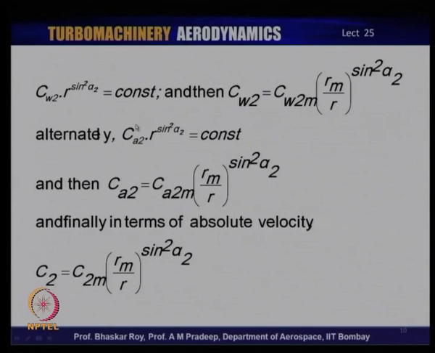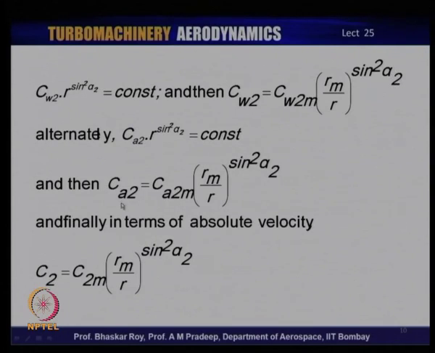And then of course, the actual velocity variation also falls in line in the same manner, and hence we can write C A 2 into r to the power sin square alpha 2 would be equal to constant from root to tip. So, the variation in the radial direction is now governed by sin square alpha 2 as the index.